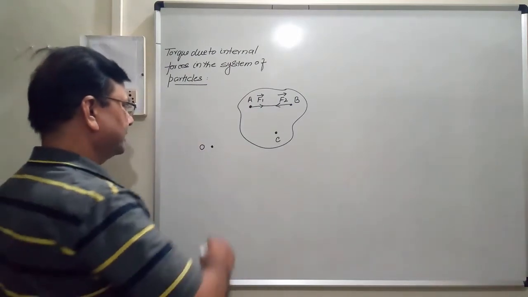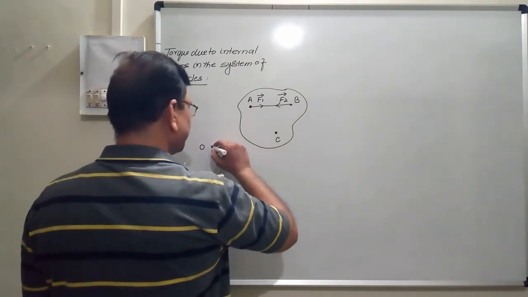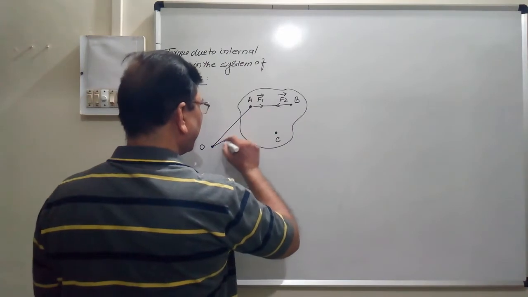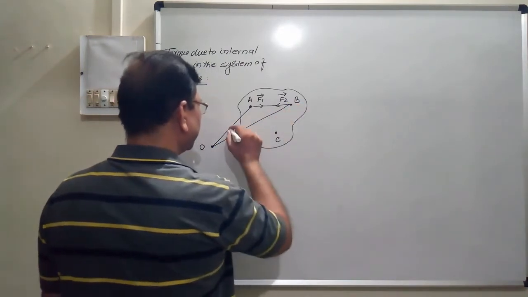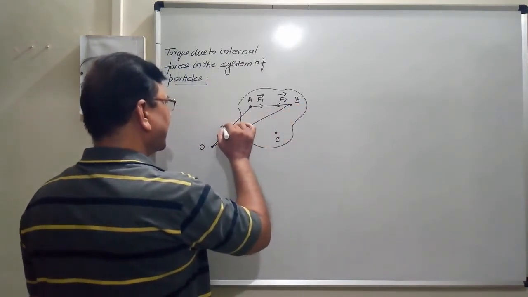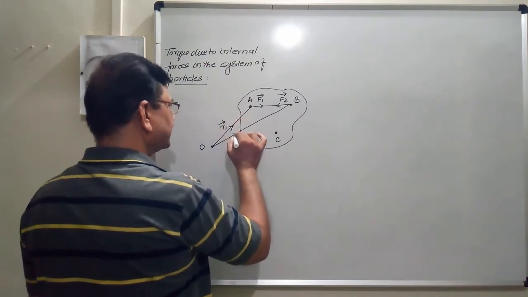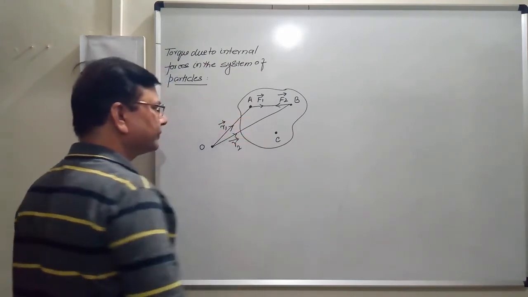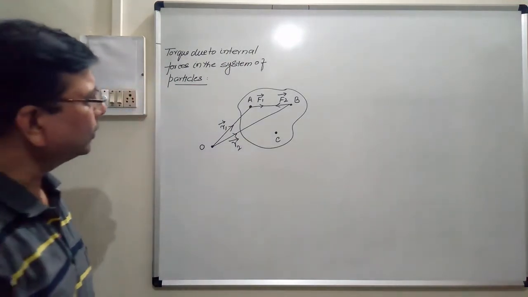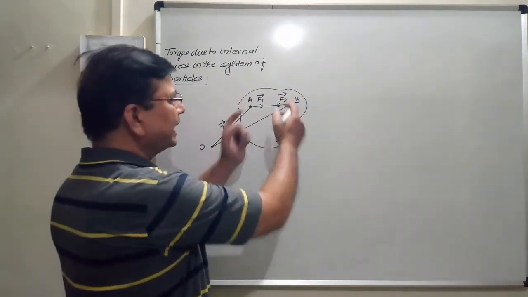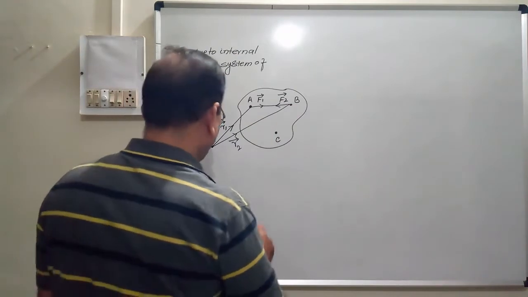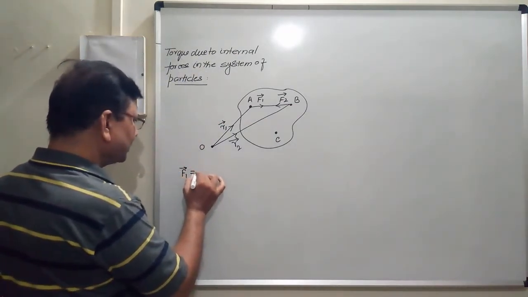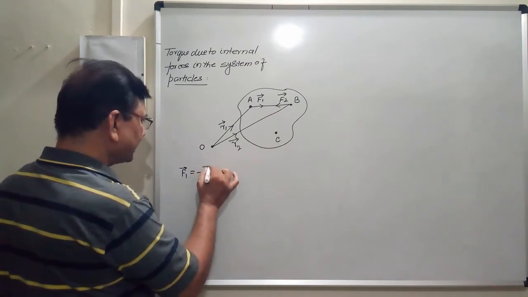Here, I will consider the position vector of these two points, A and B. Suppose this is R1 vector and this is R2 vector. And one thing we know, these forces are in opposite direction, and therefore F1 vector is equal to minus F2 vector.